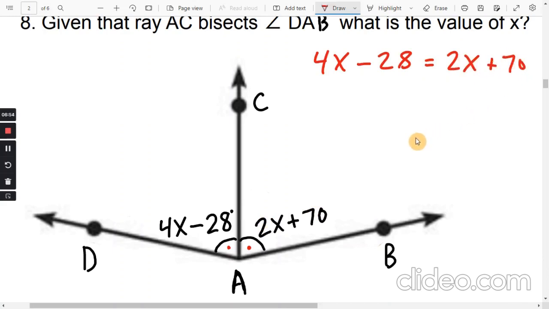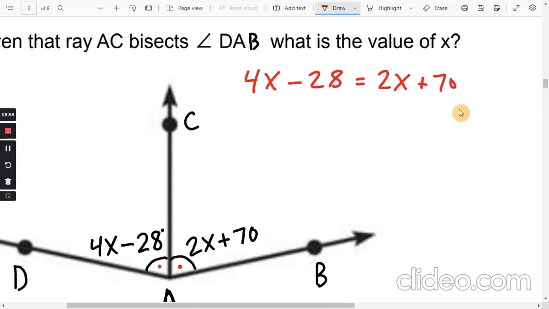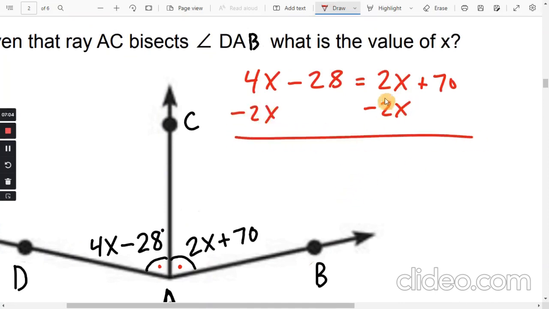Okay, I always like to subtract the smaller x. So since 2x is smaller, I'm going to subtract that one. 2x minus 2x is gone. 4x minus 2x is 2x. All right, if my letters are on the left, I want the numbers on the right. The opposite of negative 28 is positive 28. And right here, 28 minus 28, gone.